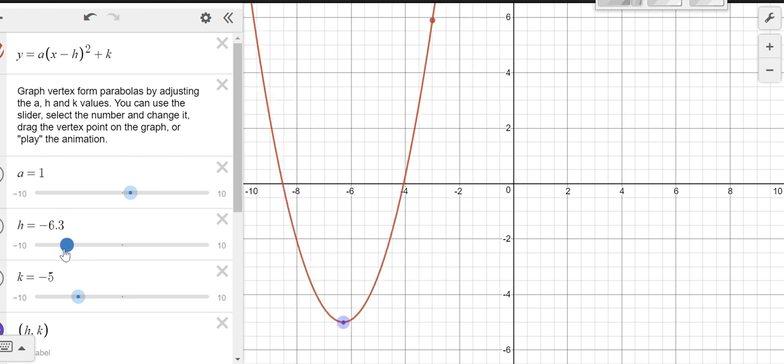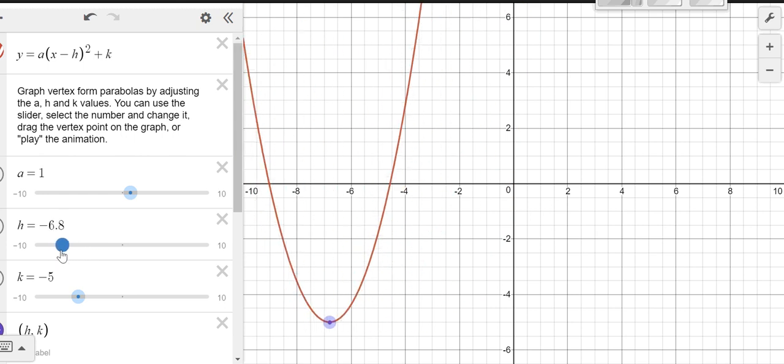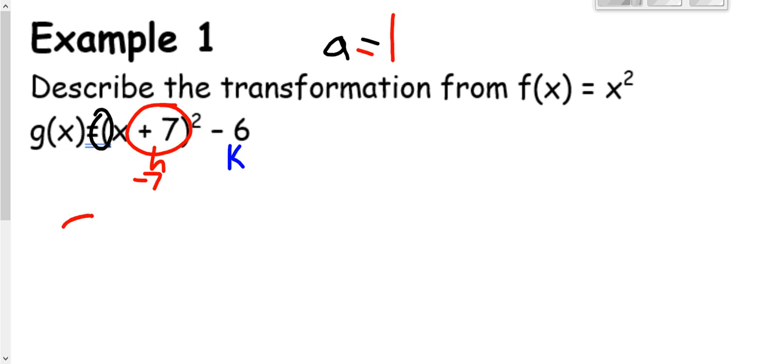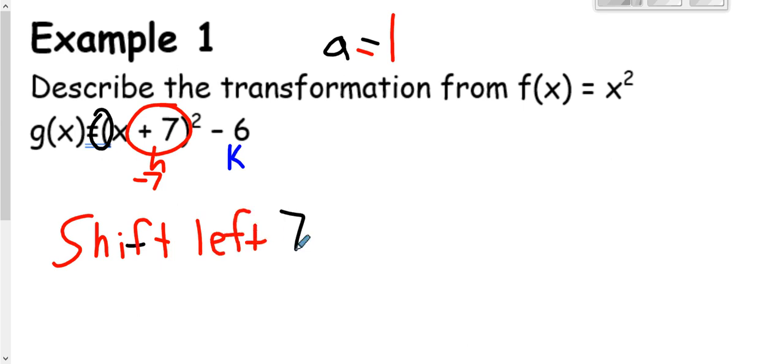And which direction are we moving when we talk about negative? I'm moving to the left. So we are going to say that this transformation is a shift. We're going to start with our horizontal, and we're going to say left 7.